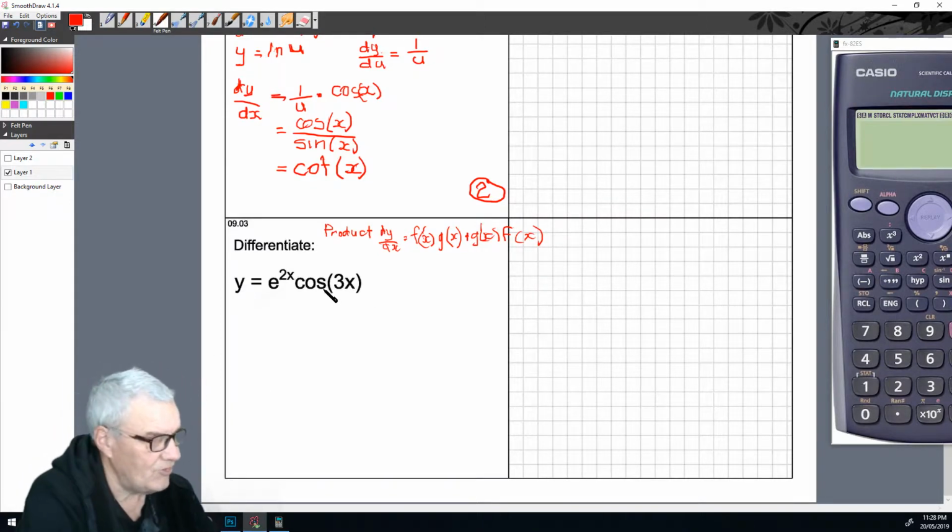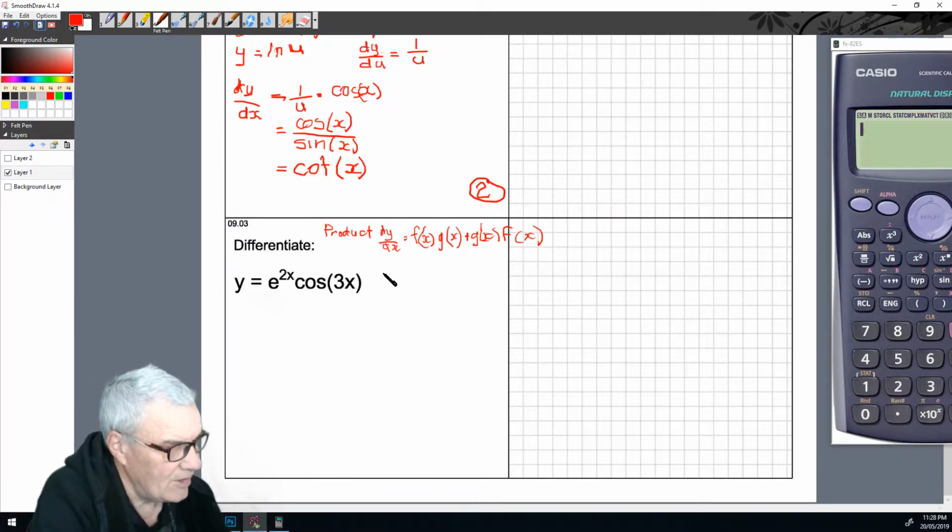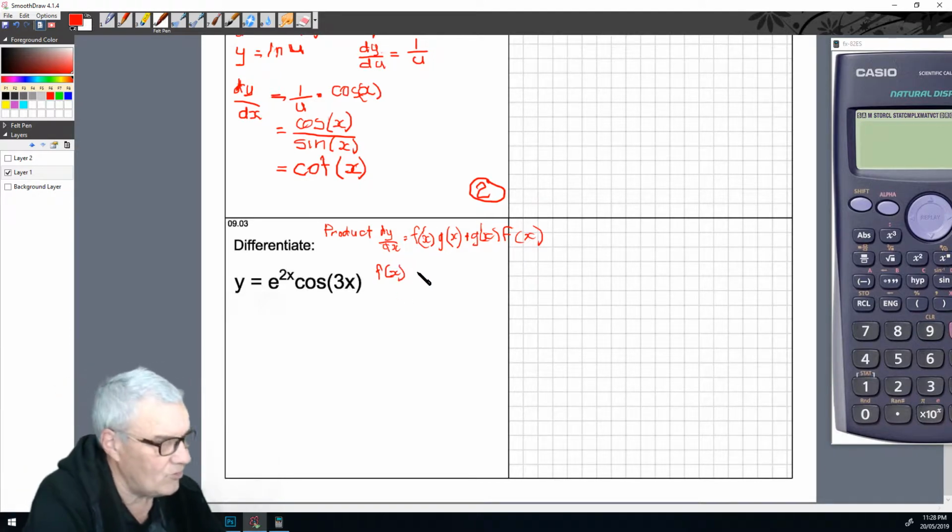So in this case, we've got two functions: f of x equals 2 to the power of x.